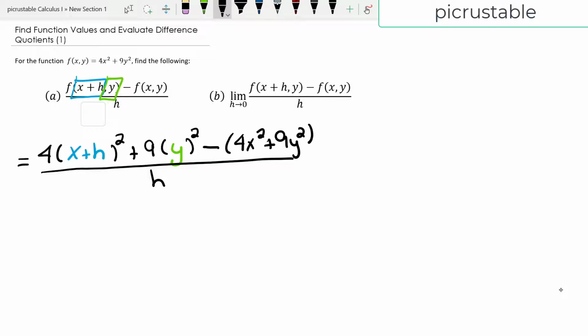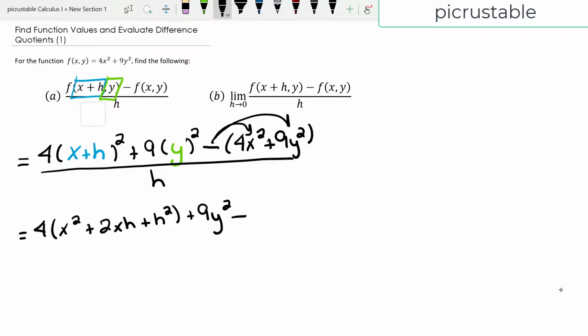Let's do some simplifying. We'll have 4. Now x plus h squared is x squared plus 2xh plus h squared. 9y squared is just 9y squared. Now we're going to distribute our negative. We're going to have minus 4x squared minus 9y squared.